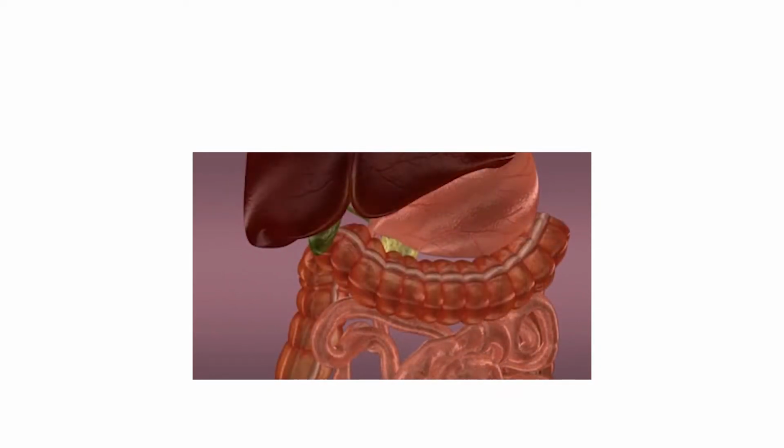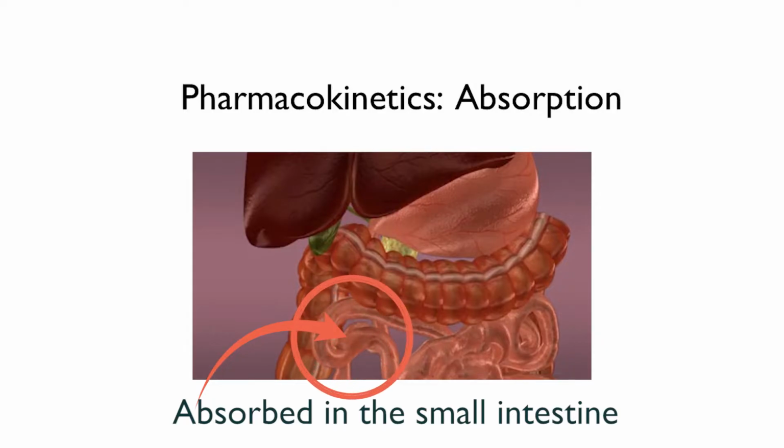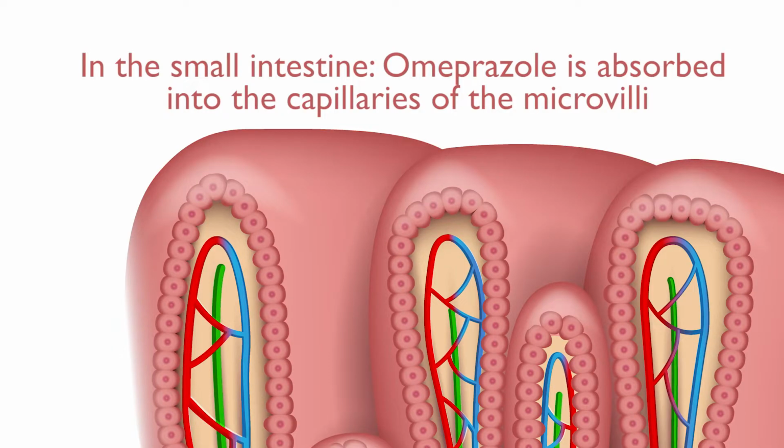As omeprazole goes from the stomach to the next structure of the GIT, it'll enter the small intestine where it is absorbed. Normally for omeprazole, it will finish the absorption process in about 3 hours.